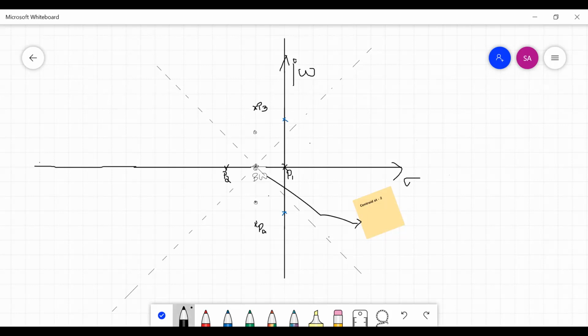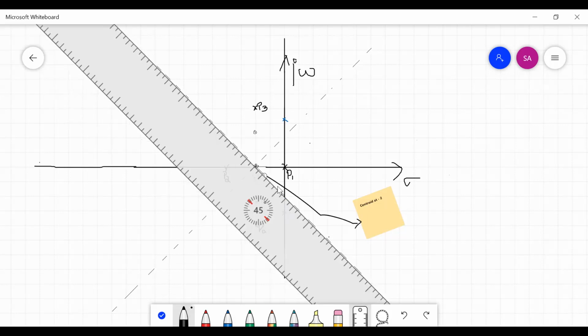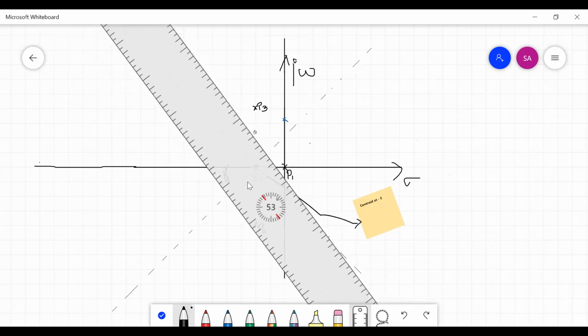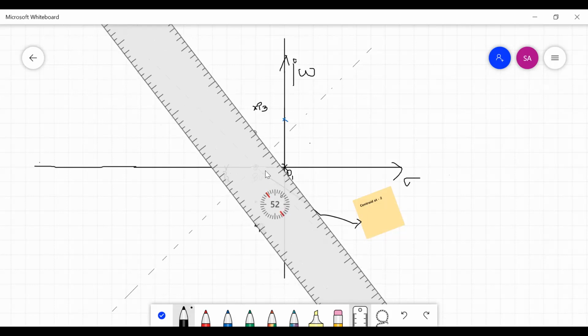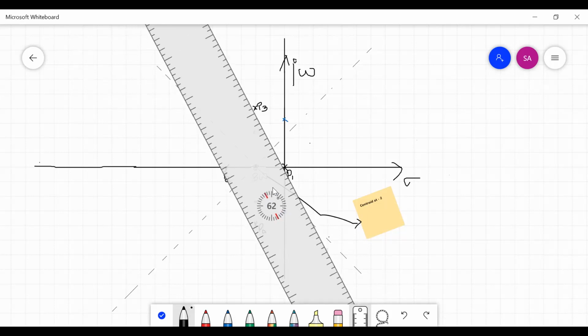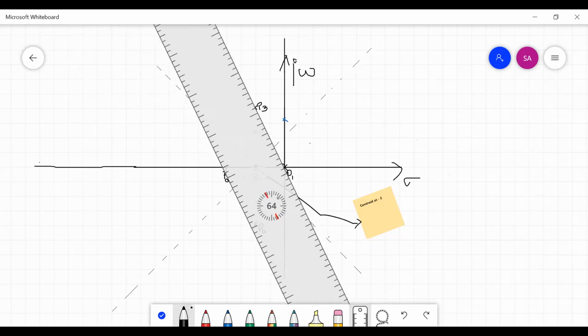Then the angle of departure. How do we calculate the angle of departure? Again, as I said, from this pole to this pole. See, what is this angle now?